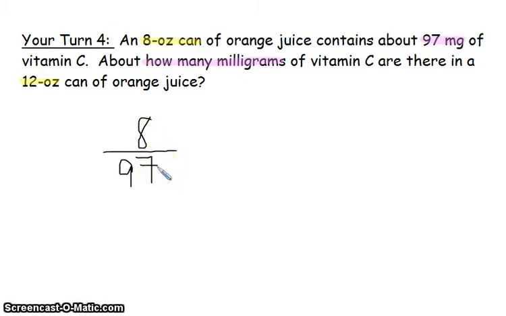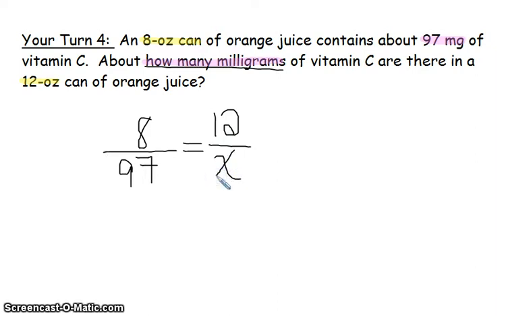If I'm going to set up a proportion to find out how many milligrams are in the other can, I have to make sure that my ratio is set up the same way, ounces to milligrams. I do know from the question that I have a 12-ounce can of orange juice. And what I don't know is how many milligrams. So that will be my variable.